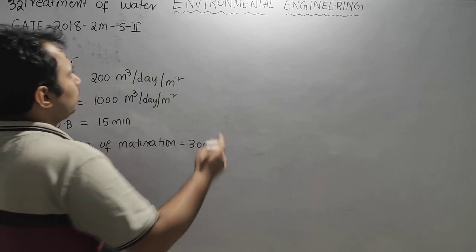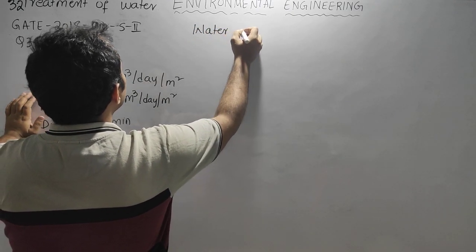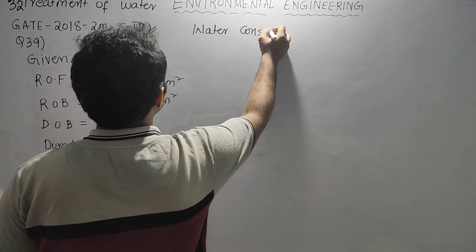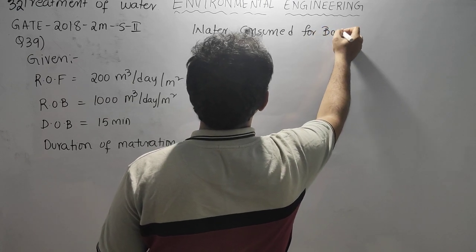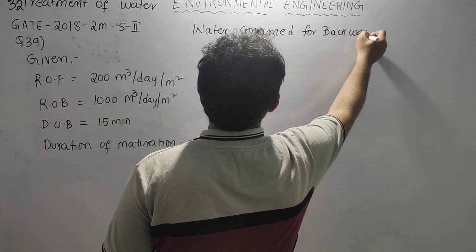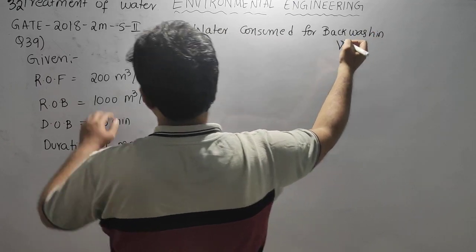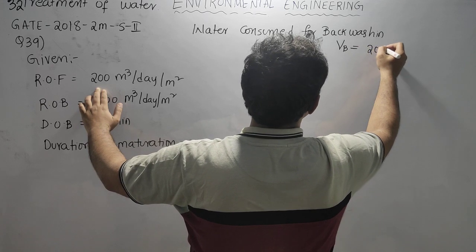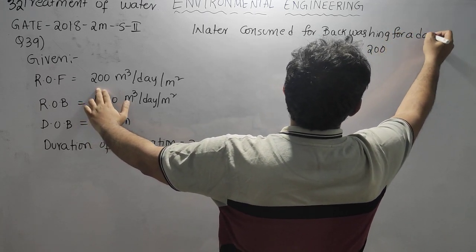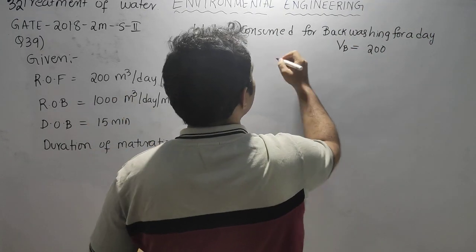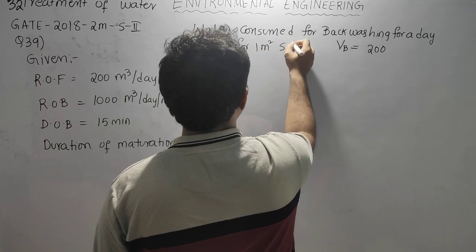So what is the water consumed for backwashing? Water consumed for backwashing is 200 meter cube per day for 1 meter square surface area.